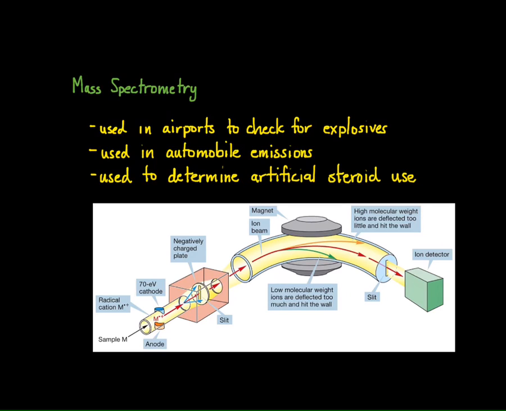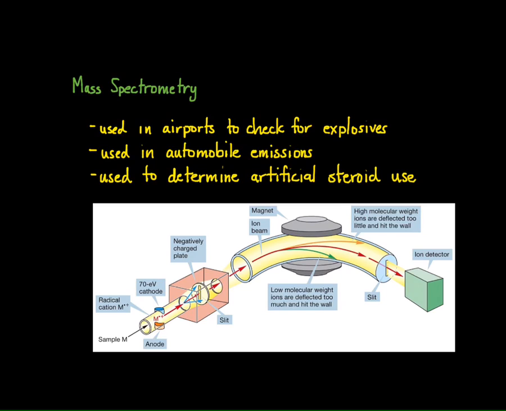Based on its mass and its charge, there's going to be a slight variation in the change in direction caused by that magnetic field. The lower molecular weight ions are deflected a lot, and the high molecular weight ions aren't deflected as much.